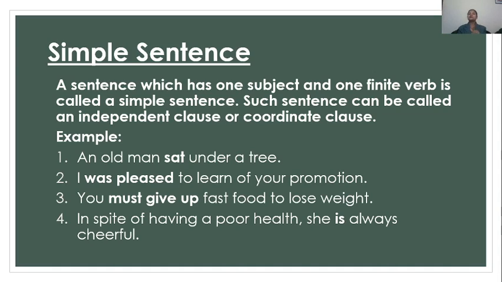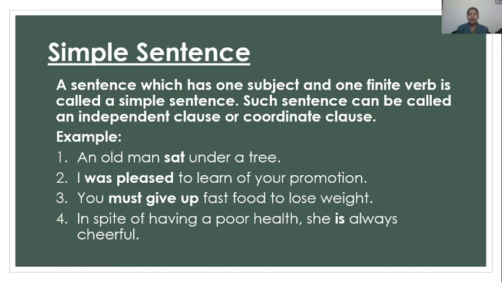And independent clauses are also exactly the simple sentence only. They both have the same quality, same identity. As a simple sentence has only one subject and one finite verb, an independent clause also has only one subject and one finite verb. Clear?